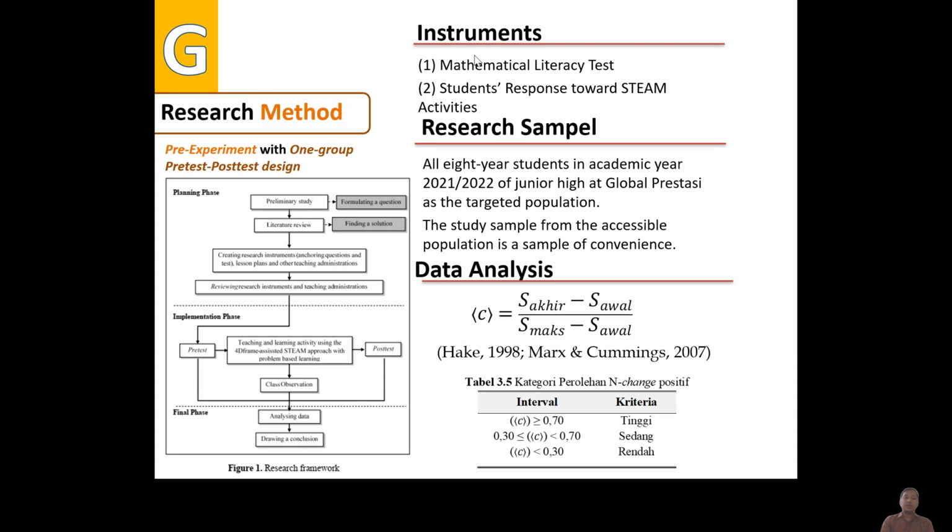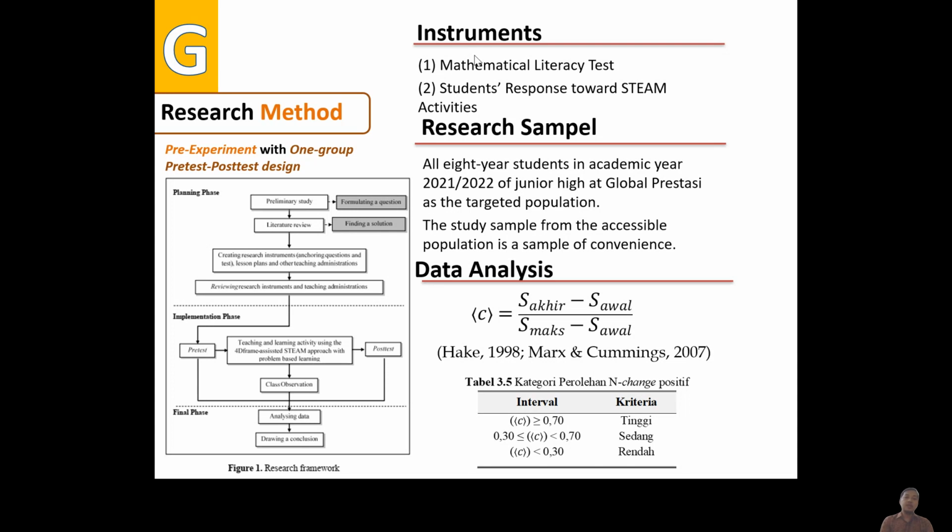After we collect the pre-test and post-test data, we are going to analyze the data using the formula proposed by Hake. This is the normalized gain formula, also called normalized change, proposed by Marx and Cummings in 2007.